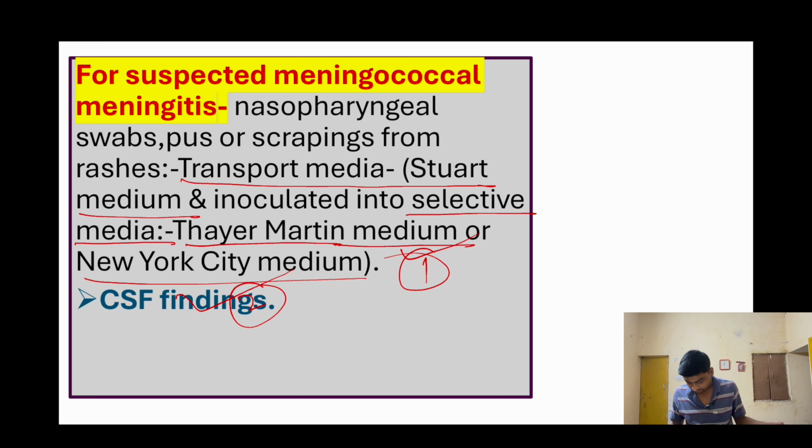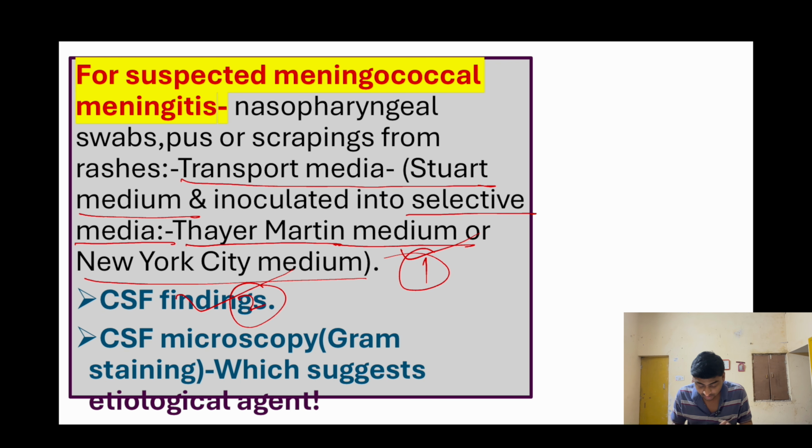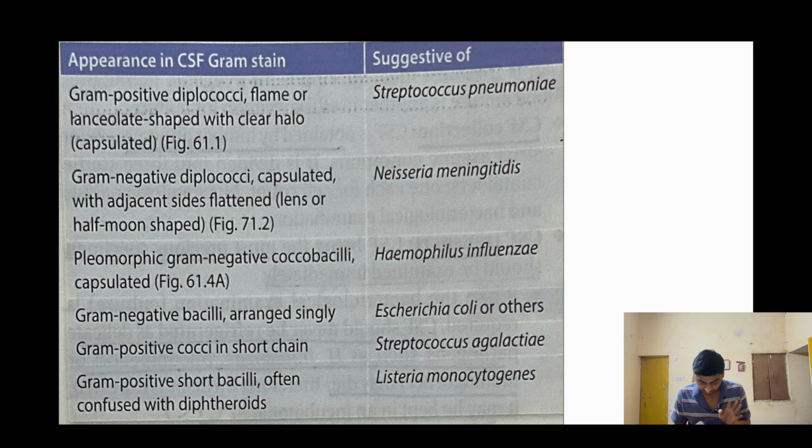We have seen previously the CSF findings in different types of meningitis. Now, the next lab diagnosis is CSF microscopy, meaning gram staining of the CSF, which suggests which etiological agent is present in the CSF.